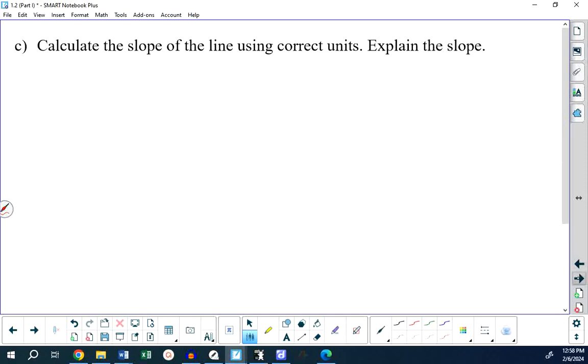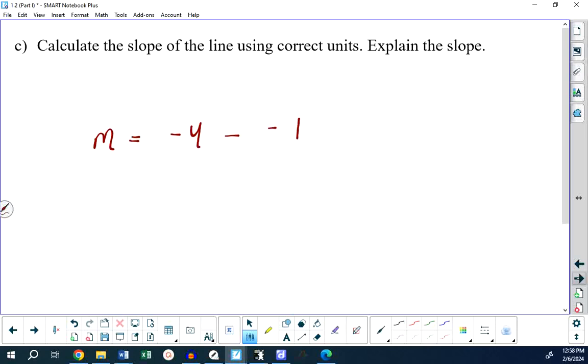So follow along very carefully. I'm going to take this y coordinate of -4 and subtract this y coordinate of -1. That's going to go on the top. Slope equals -4 minus -1.